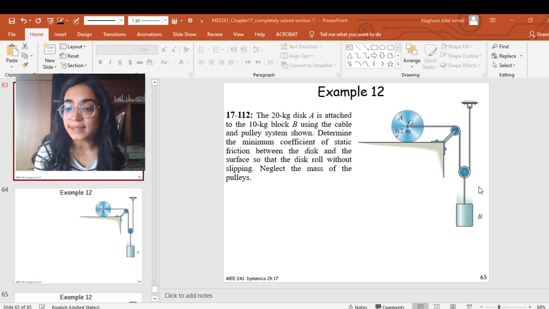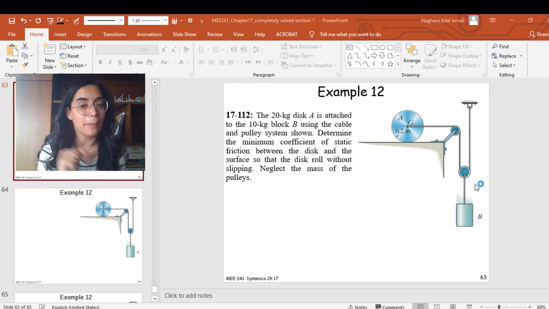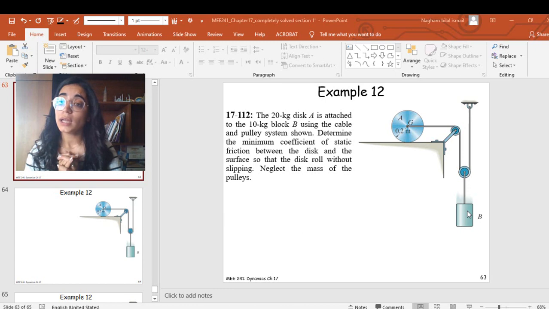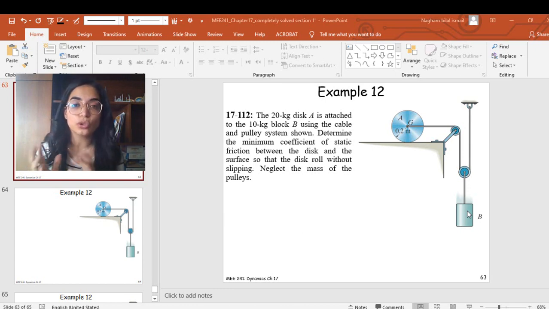Now here for B, since I don't have any dimensions, I'm considering B like a particle, and this particle has a mass of 10 kilograms. So right here, guys, I have a rigid body, which is this disk that has dimensions that could not be neglected, and I have a particle here. Now, does the dependent motion differ between rigid body and particles?